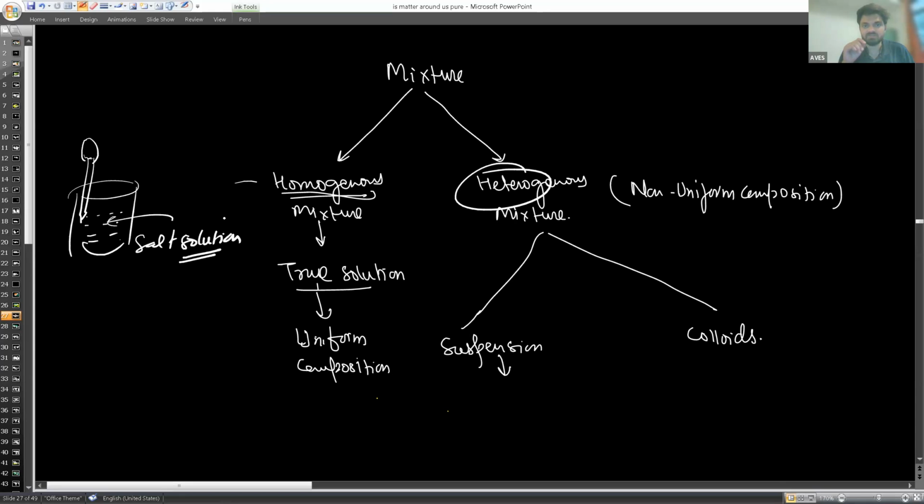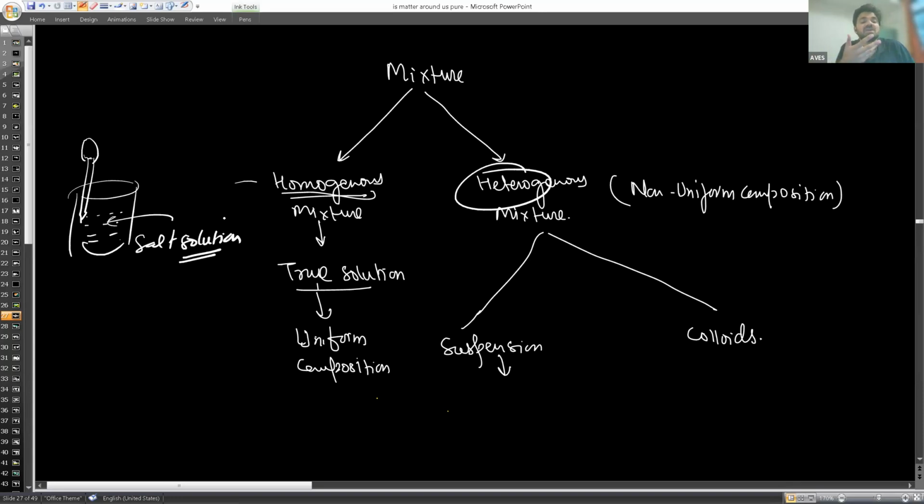Or the sand particles. Why? Because the sand gets settled down. So it is not going to have uniform composition. Sometimes you take some sand and add some iron filings to it. Somewhere you can get more iron filings, somewhere less. So it is considered non-uniform composition. So what do you mean by non-uniform composition?